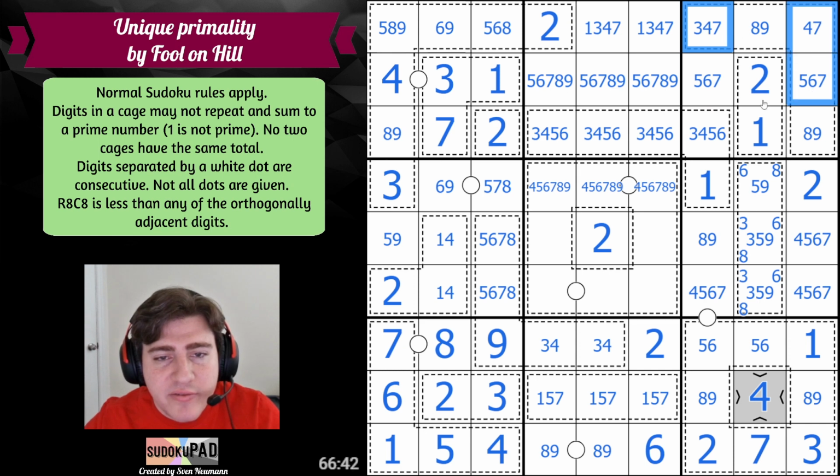This has to be 5, this has to be 6. It couldn't be 5, 6, it would have to be 5, 4, which is fine because 4 is over here anyways.